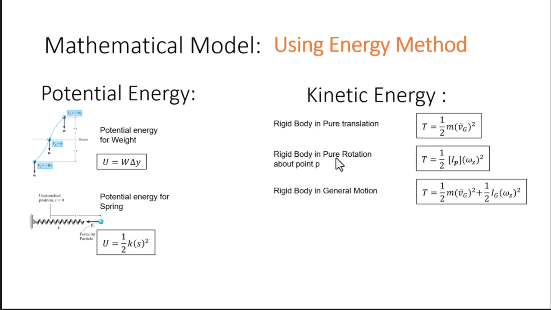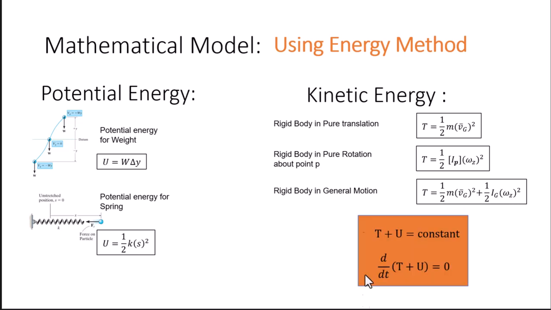The kinetic energy of a rigid body in pure translation will be 1/2 mass velocity squared. The rigid body in pure rotation would be 1/2 mass moment of inertia angular velocity squared. And if we have a rigid body in general motion, we have to take into consideration the component of the translation and the component of the rotation.